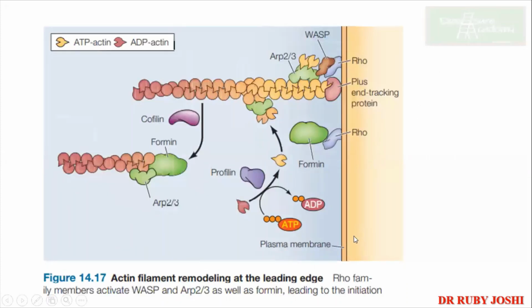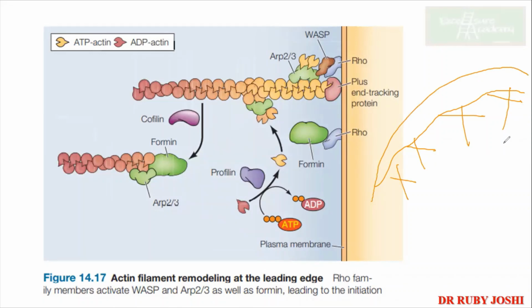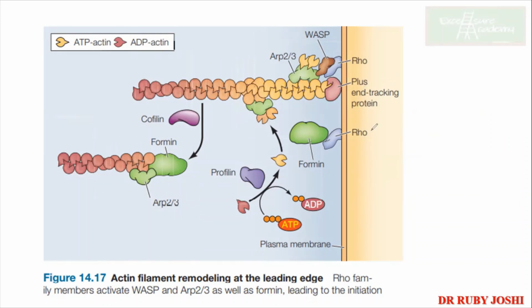Now look at over here. In the video, when they were showing that at the lamellipodia new actin filaments were forming, right? They show like this, new actin filaments are forming. So how exactly this is happening is, now look at this. This is the plasma membrane. This is your surface.